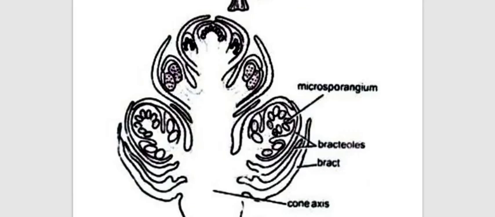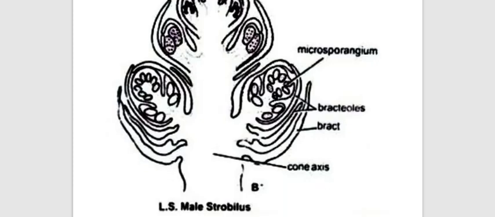This is another diagram showing the longitudinal section of the male strobilus. This is the cone axis on which the bracts are produced in pairs. The lowest bracts are sterile, and then on this axis the two fused bracteoles are produced, and in the axils of these bracteoles the microsporangiate shoot is produced.